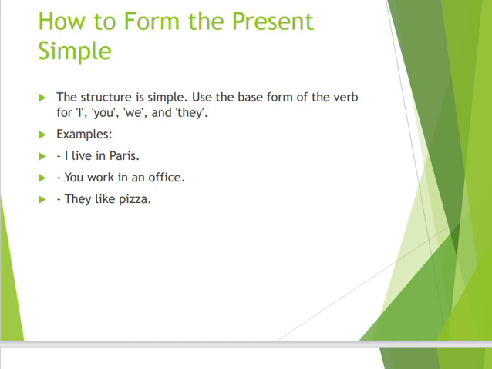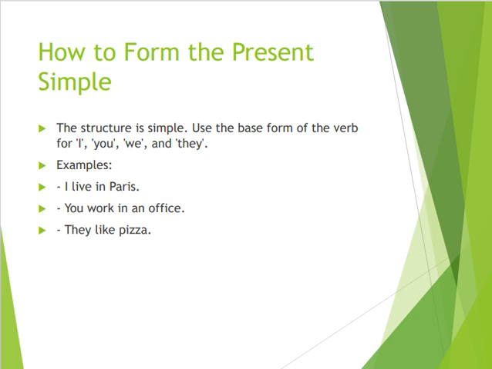Now, let's talk about how to form the present simple. For most subjects like I, you, we, and they, we simply use the base form of the verb. That means the verb stays in its simplest form. For example, I live in Paris.